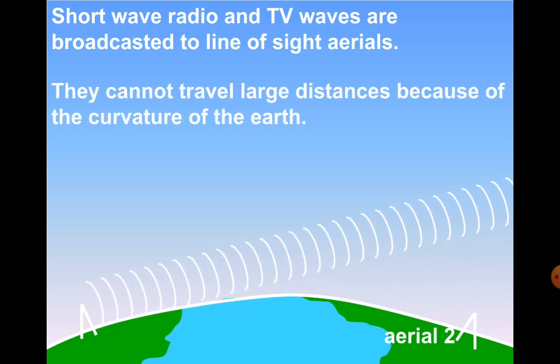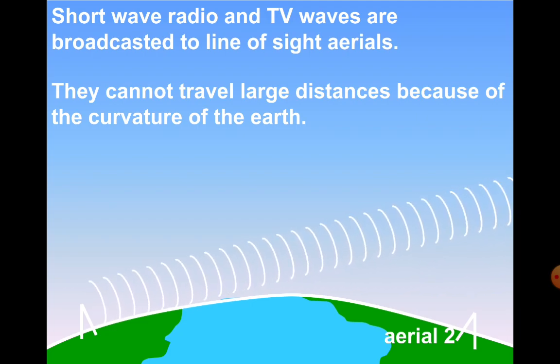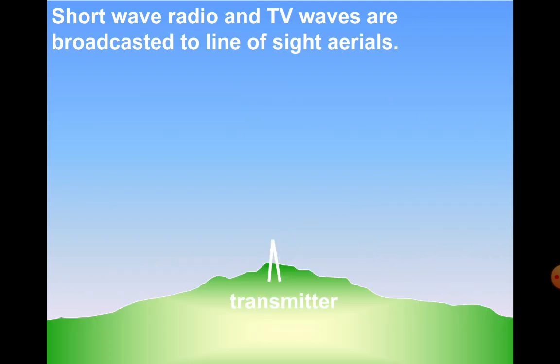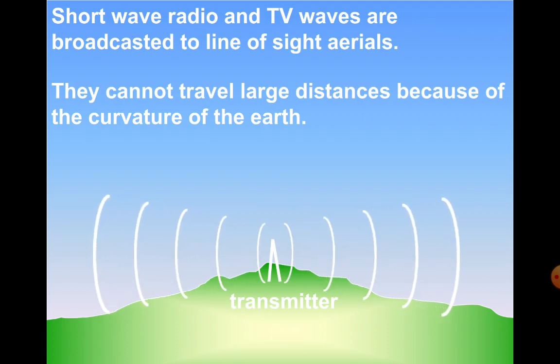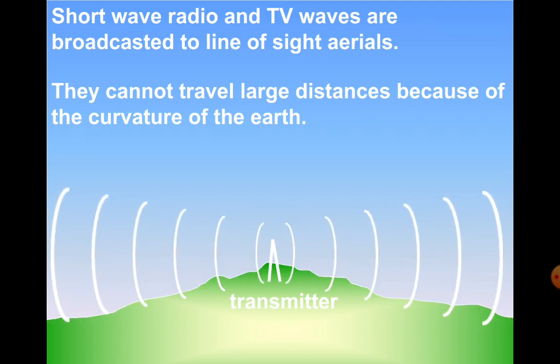They cannot travel large distances because of the curvature of the earth. Short radio waves are broadcasted to the line of sight of aerials. They cannot travel large distances because of the curvature. So they are even smaller.